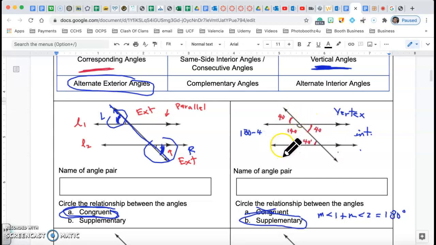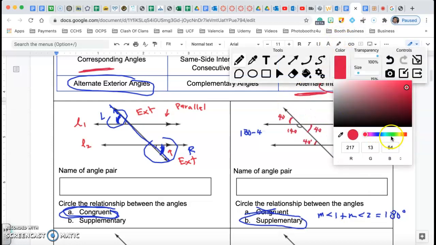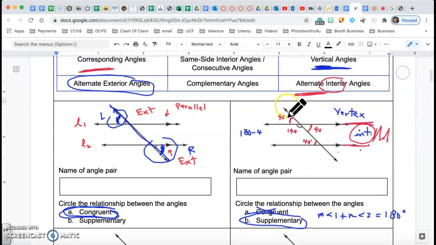All right. Now let's go back to alternate interior angles. Interior means in between these two lines, right here in between. Alternate. Let me get a different color, green, for example. So alternate. Look at my transversal.